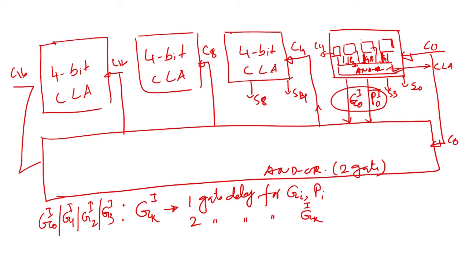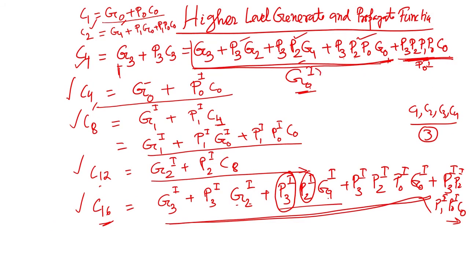Now, we have analyzed the G0 part, then what about this part? This part is nothing but an AND gate, right, but before the AND gate it should be P0, P1, P2. P0, P1, P2 can be generated with 1 gate delay after giving input. So, everywhere you can see there will be 2 parts, one is this part and another is this part.